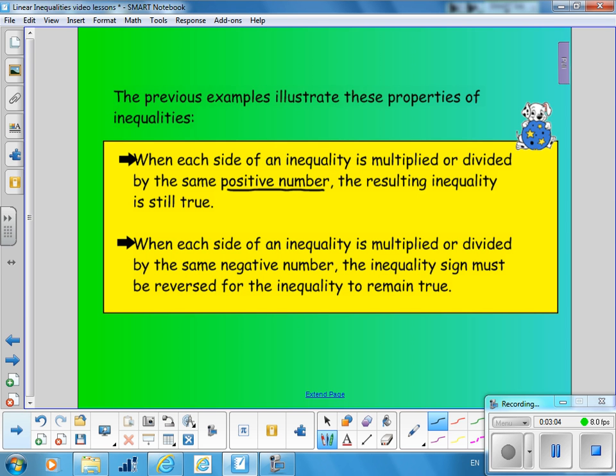But when each side of an inequality is multiplied or divided by the same negative number, the inequality sign must be reversed. Now this is only for multiplication and division. If you subtract a number from both sides, that's okay. The inequality stays the same. But if you multiply or divide by a negative number, you must reverse the inequality sign.